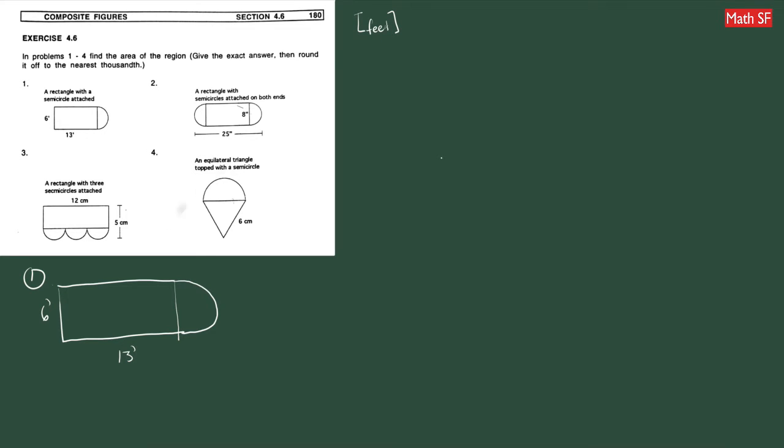Now to find the area of all of these, I need to know the area of that rectangle here as well as the area of this semicircle here. So the total area is going to be composed of a rectangle with dimensions of 13 by 6 plus this semicircle with a given radius.